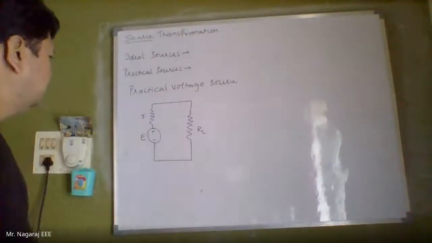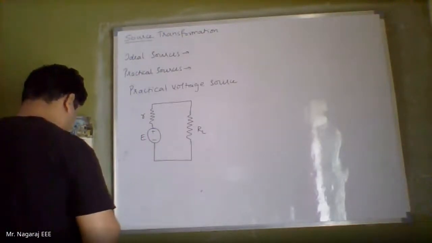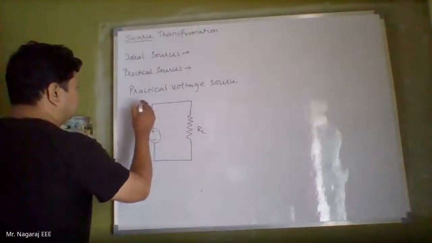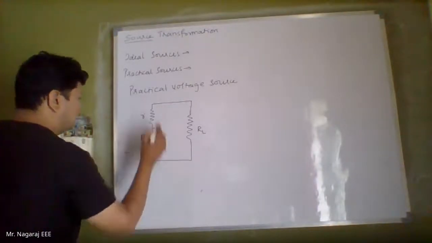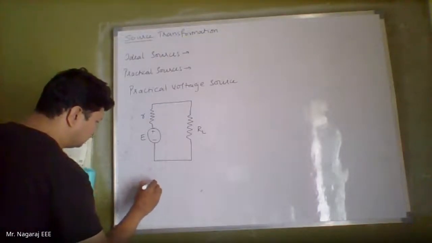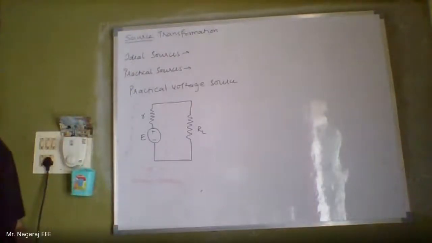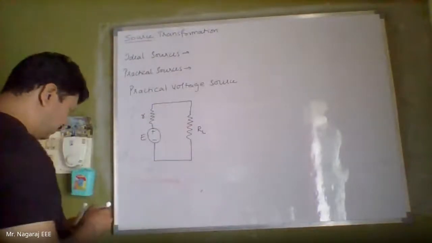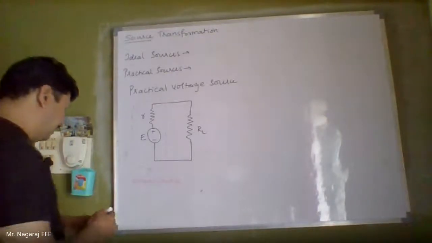So now this is the voltage source, and it is connected to a load resistance RL. Now what is the current IL?